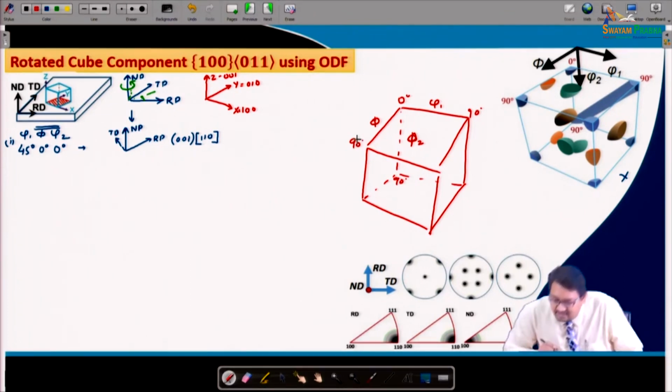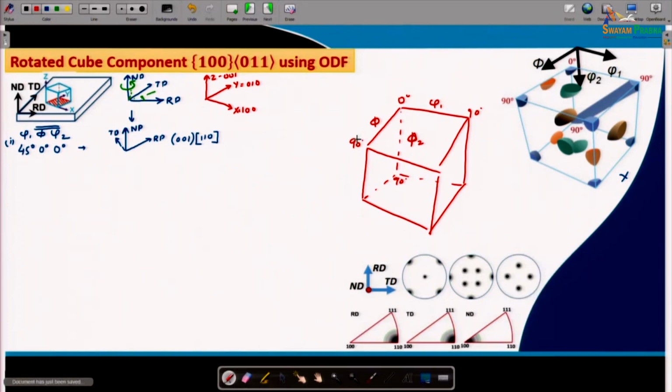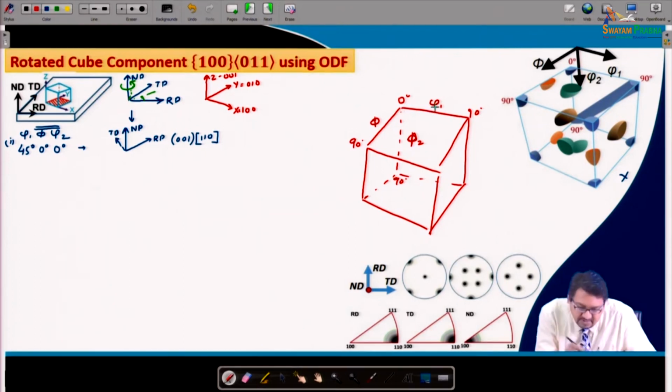Now, if we look into this, what we can see is that if we give a 45 degree rotation along phi 1, that is a 45 degree rotation along ND, we can get the cube component, and the position of this component, let me show it using the blue color, is here, right.